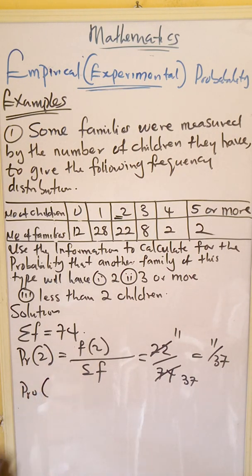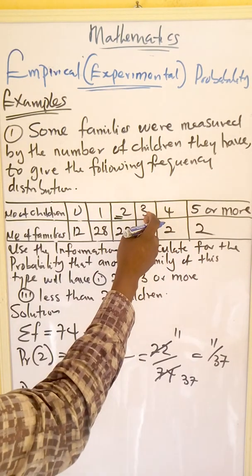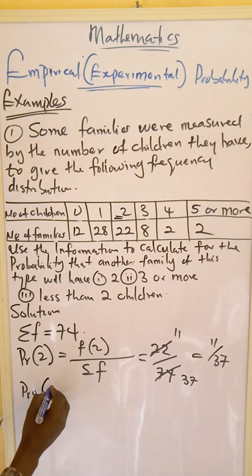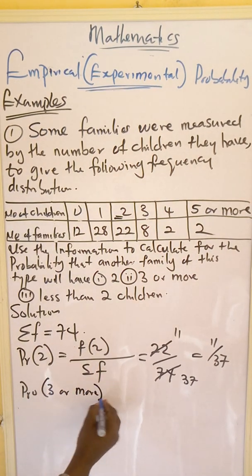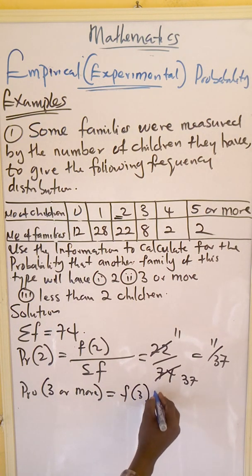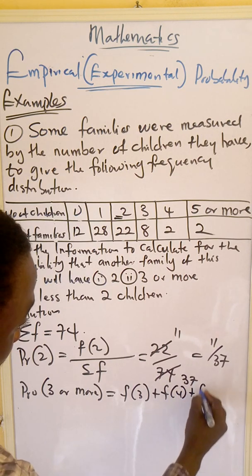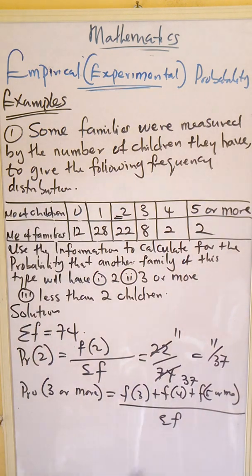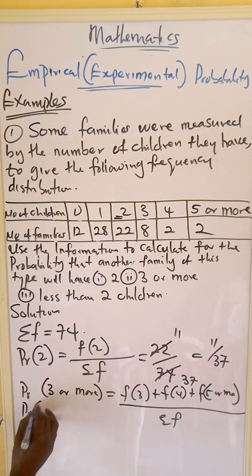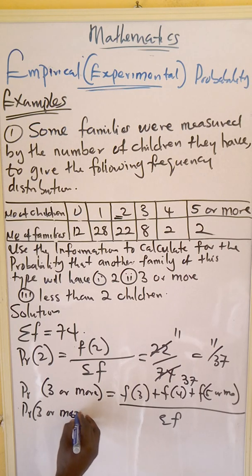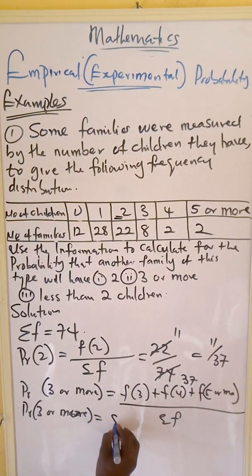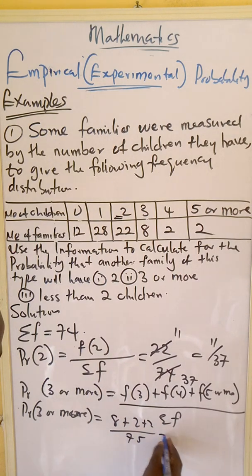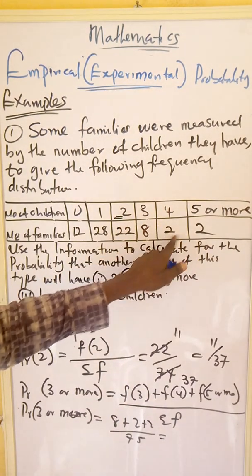The second one is the probability of 3 or more. You look at 3 or more. Probability of 3 or more equals frequency of 3 plus frequency of 4 plus frequency of 5 or more, all over summation F. The frequency of 3 is 8, of 4 is 2, and of 5 or more is 2.